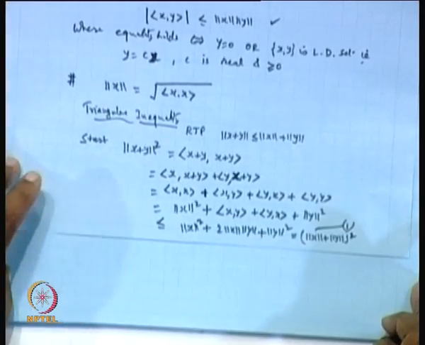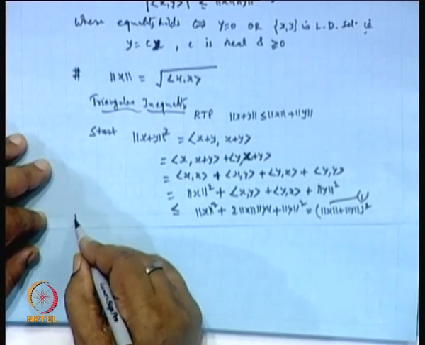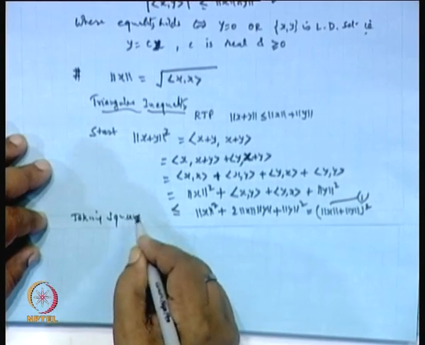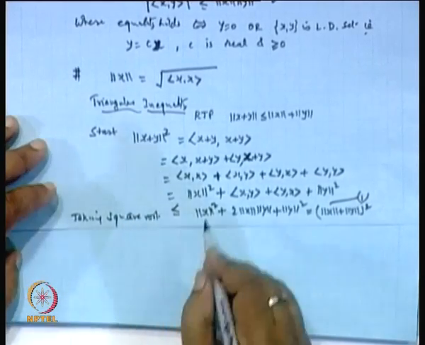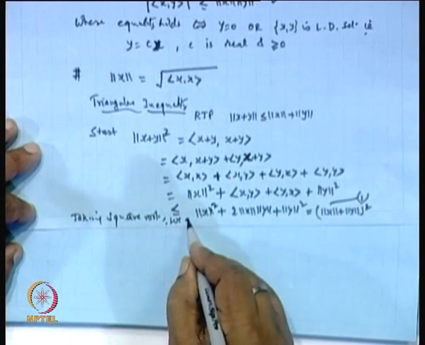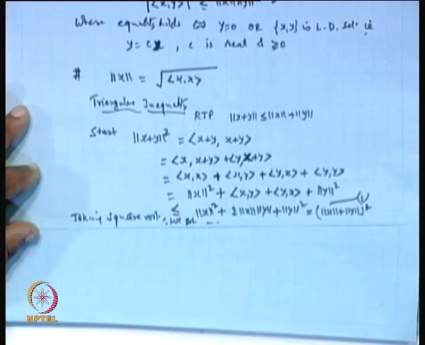Taking the square root, we get the triangular inequality established. We get the desired inequality. So, nothing to worry.